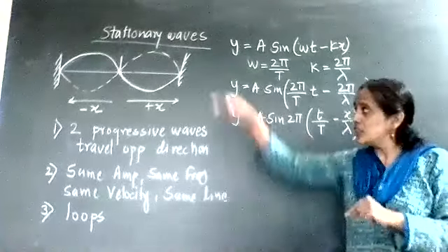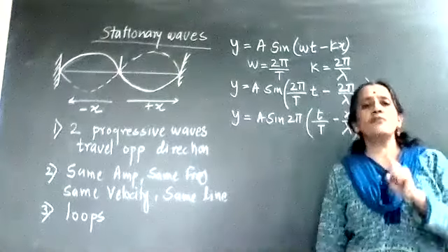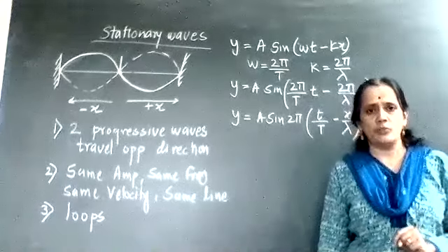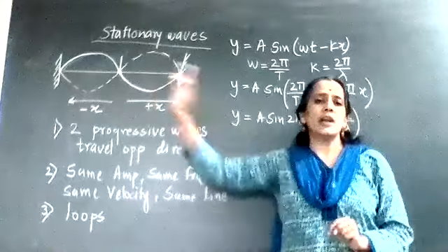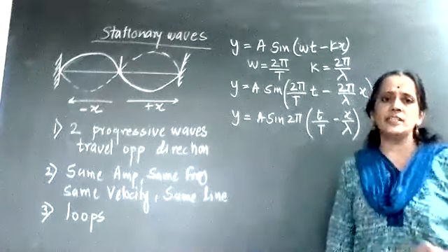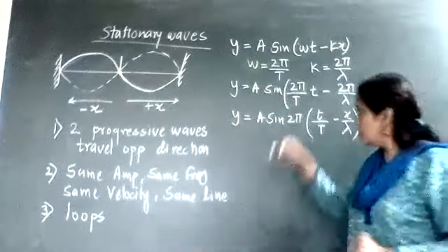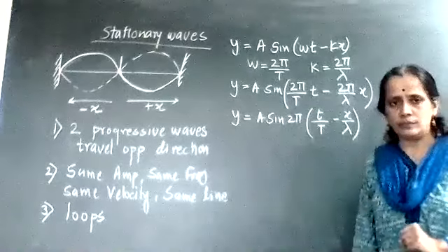This is nothing but the standard form of progressive wave, which we have already seen. But now here we have to form two different equations for progressive waves. One is traveling along the positive x-axis and one is traveling along the negative x-axis. That's why I have written this equation. Now I will do a slight modification in the equation.